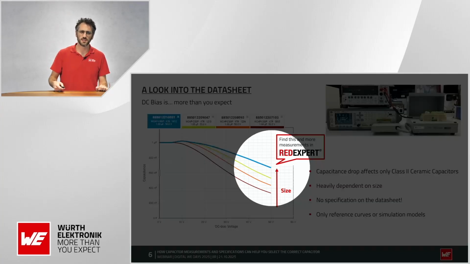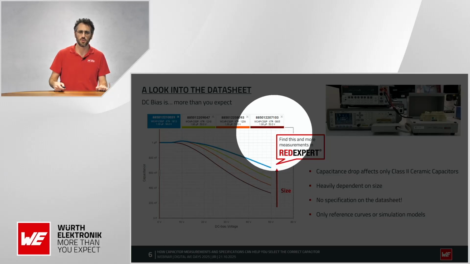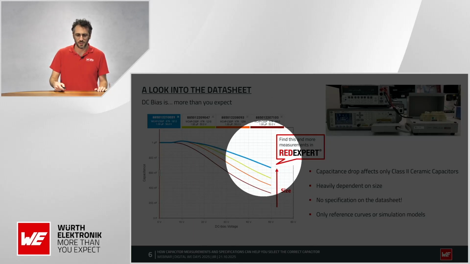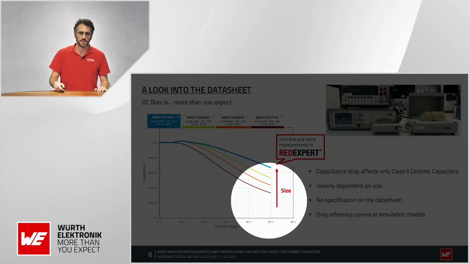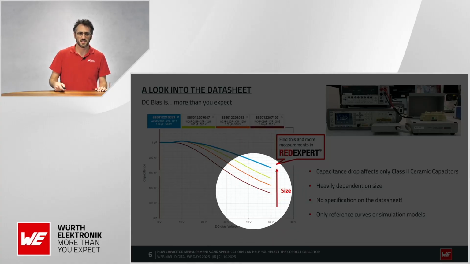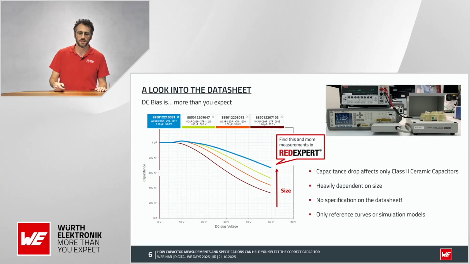And in the worst case, we have 0805 size, so quite small in comparison. It's about 20 times smaller. So you can see the capacitance is much lower at rated voltage. So as you can see, this effect is heavily dependent on the size of the component. So this information is not in the datasheet, and this is why we include this information in RedExpert, and I will show you now how you can find it.